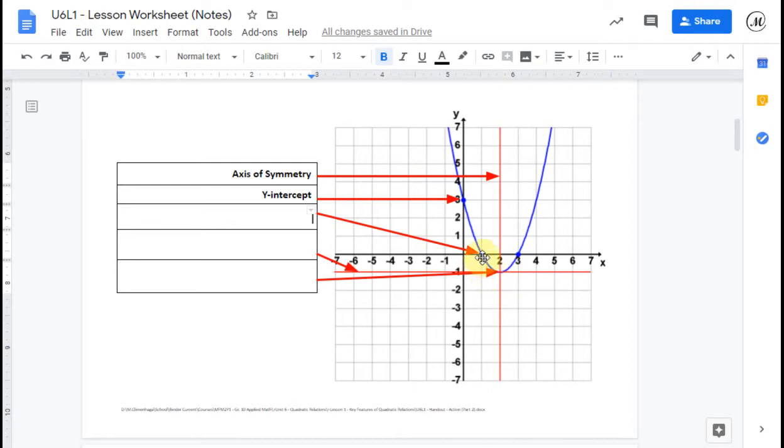So when I put 1 into this particular equation, which we don't have right now, it would give us an answer of 0. Similarly here, if I were to put 3 into the equation that goes with this graph, I would get a y value of 0. So these are called the zeros or the x-intercepts.